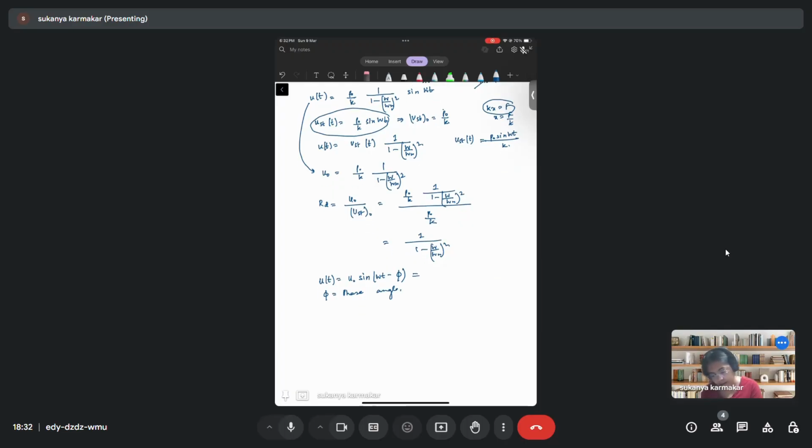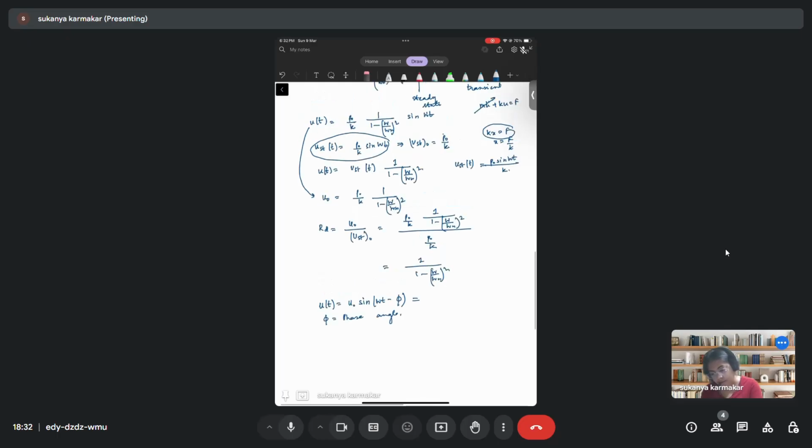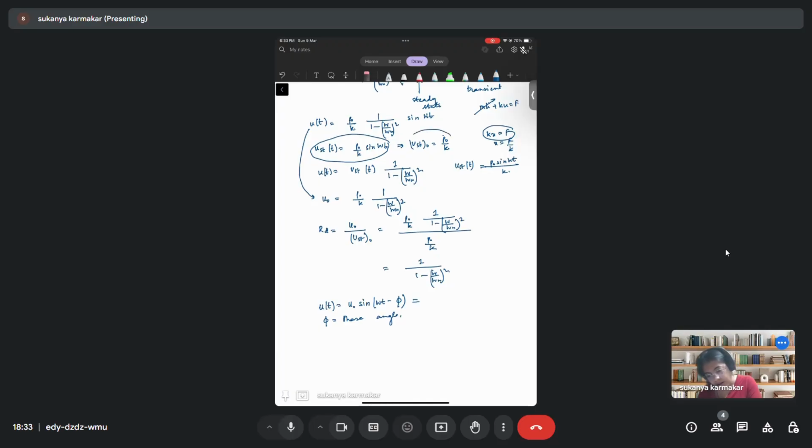With this notation, we know u of t is p naught by k, which we just wrote as ust naught, multiplied by this factor.